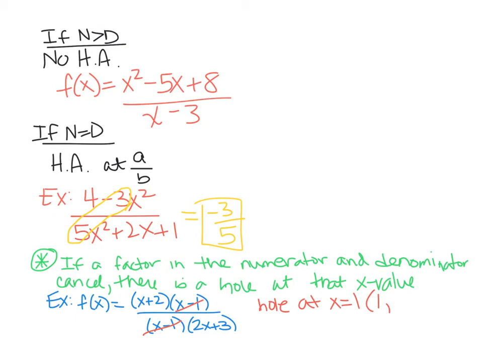In order to find the y value, you would have to substitute the 1 into the equation that you get after you cancel that out. So I substituted into x plus 2 over 2x plus 3. So you would find that there was a hole at 1, 3/5.